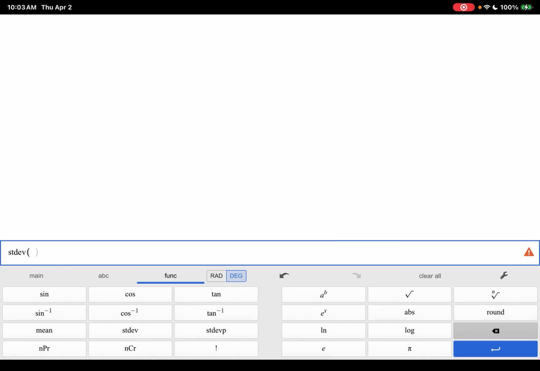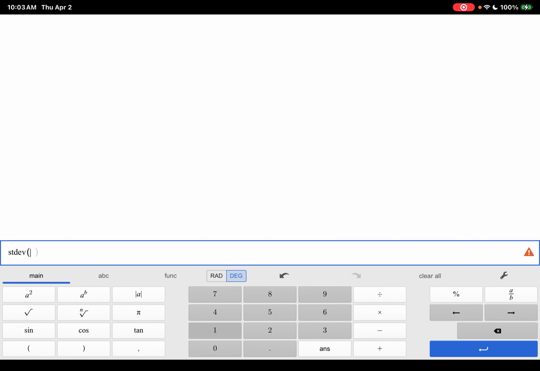You are going to type out your list, so 1 and commas between the list. 8, 11, 12, 13, 14 appeared twice, 15 appeared 4 times, 16 appeared twice, 17, 18, 19, 20, 21, 22, end our parenthesis.